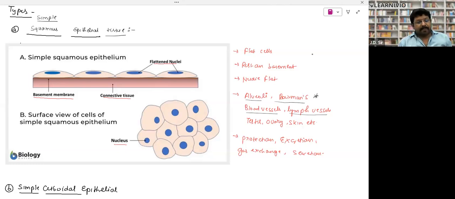Next point. Their function is protection, excretion, gas exchange, and secretion of fluid.